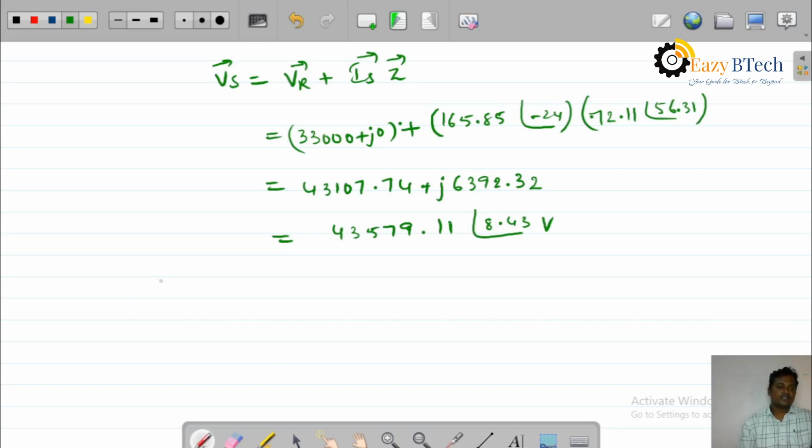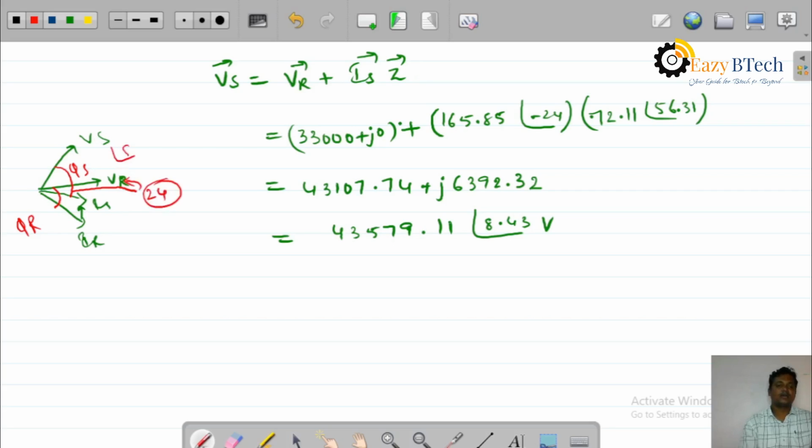Therefore, if you observe the phasor diagram, it is VR, VS, and IR added with IC gives IS. Here the angle between VR and IR is phi R. The angle between VS and IS is phi S. From the IS calculation, IS is at an angle 24, which means with reference to the receiving end the angle is 24.